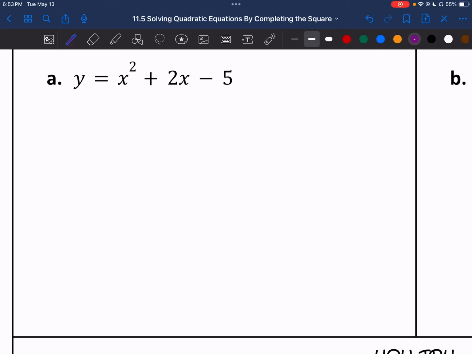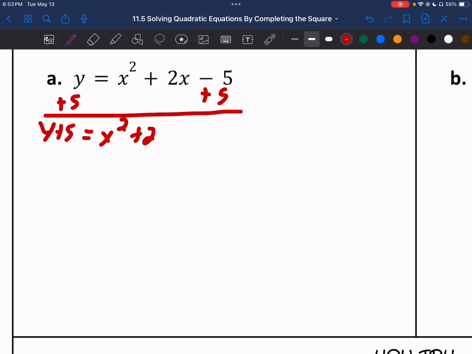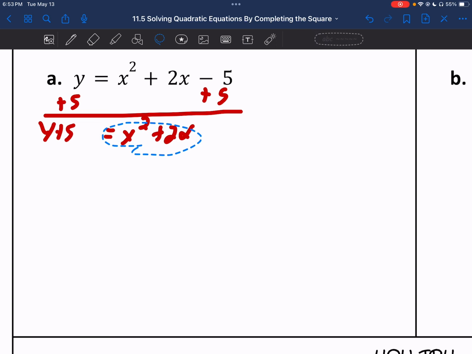The first thing that we're going to do in this process is add 5 to both sides, where you get y plus 5 equals x squared plus 2x. We're going to keep it the exact same that we've done already, except I'm going to move this over a little bit so we have a little bit of room to add something there. Okay, now we're going to complete the square. Remember, how do I complete the square?